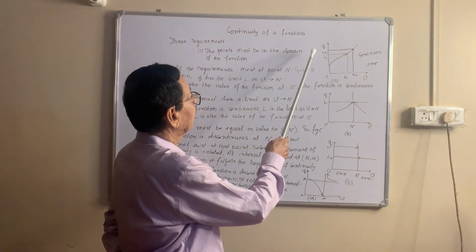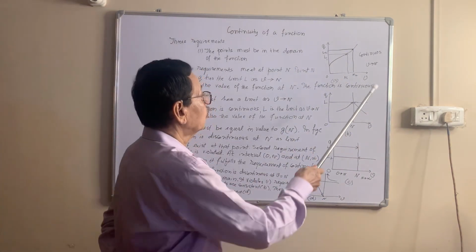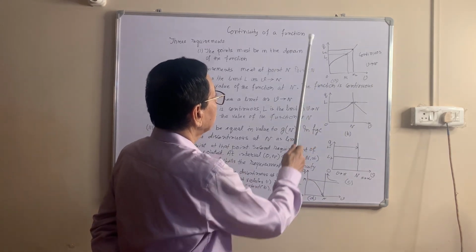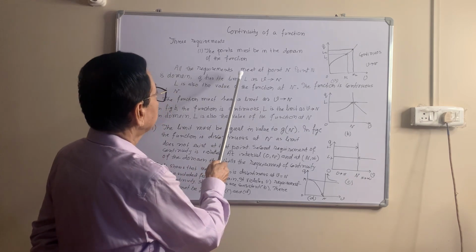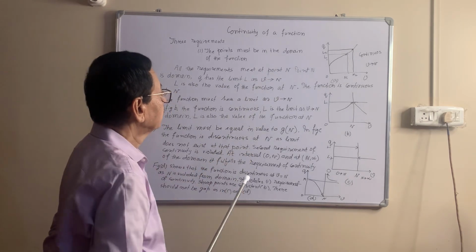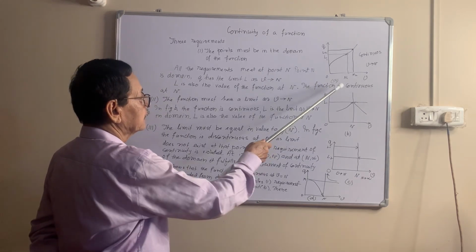Here range is L, Q, and variables are V, domains, and this is range. So all the requirements meet at point N. Point N is in the domain, as I said.